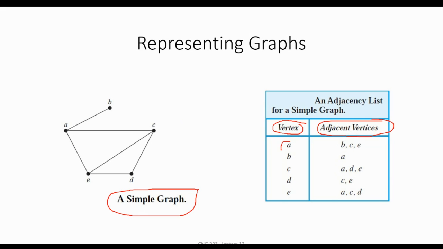So what does it mean? It means that if I have a vertex A, it is connected to B, C, E. So B, C, E. This is true. For each of them, I can find an edge which connects them together. For example, B is only connected to A. This is true.